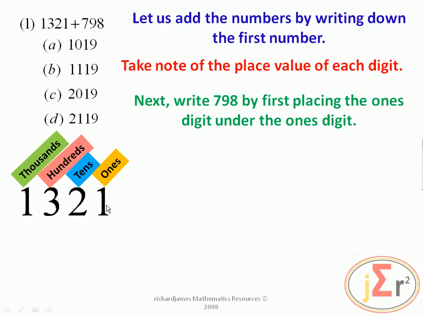So, it will be vertically aligned with this 1, placed below the ones digit. And where will we place this 9, Jerry? Right. It will be placed under the tens digit, because it is the tens digit in 798.